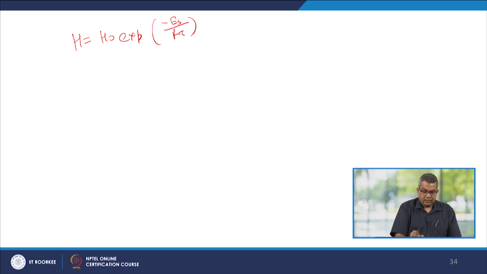So, we have the equation with us like H is equal to H naught exponential minus ES over RT. Now, here R is equal to 1.987 into 10 to the power minus 3 kilocalorie per mole Kelvin. H naught for nitrogen is given, that is 0.0351 centimeter cube per gram atmosphere.